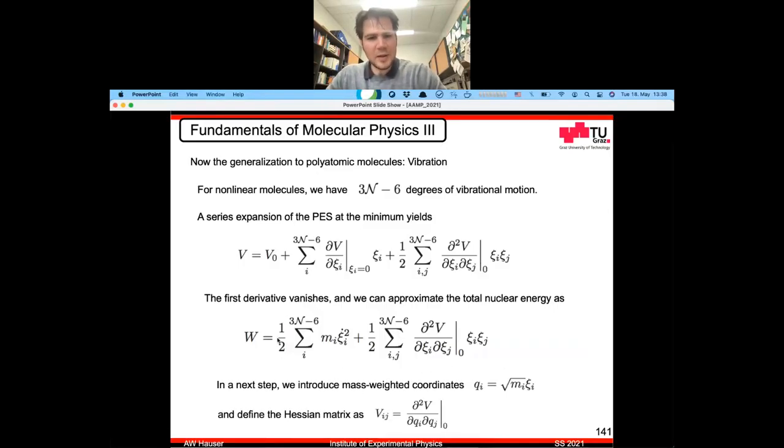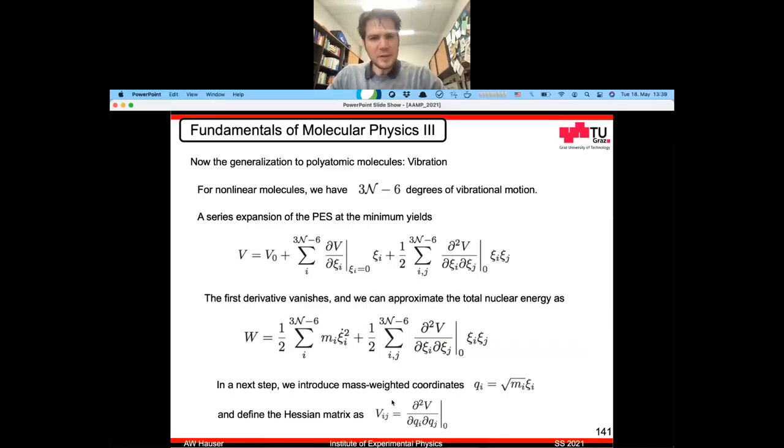Another thing I'm doing is now I'm introducing mass-weighted coordinates. This is just a certain cosmetic measure that I'm taking. I'm saying q_i is this coordinate that remained after projecting out my rotation and linear motion, multiplied by the square root of m_i, with m_i denoting the mass of this atom i that I'm moving.